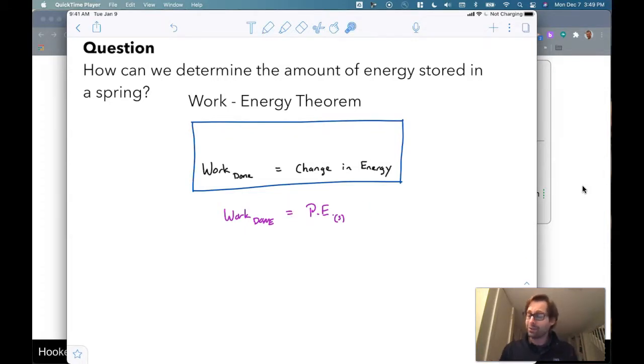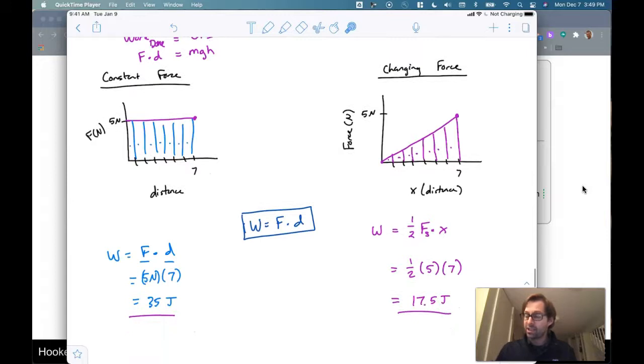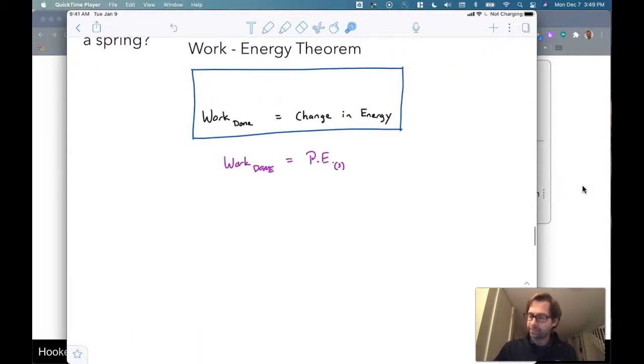And we know it's equal to the work done to stretch the spring that distance. Okay, so I have to go back to this idea. The work done to stretch the spring was actually equal to 1/2 the force to stretch the spring times the distance it traveled. All right, so I can plug that in.